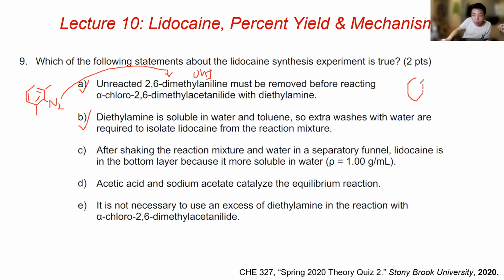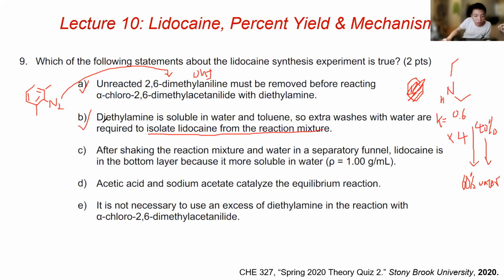For diethylamine, I believe the equilibrium constant was like 0.6-ish. So that means 60% is in water and the other 40% is in toluene. And by washing it through with water 4 times or more, we can drive more of the unreacted diethylamine into the water layer. And this way we can isolate lidocaine out of diethylamine.